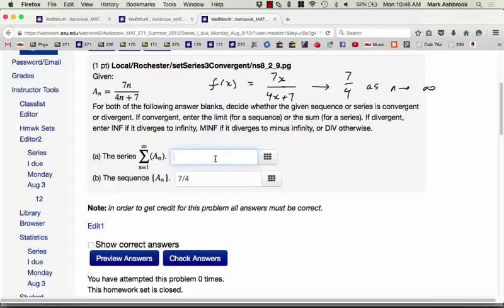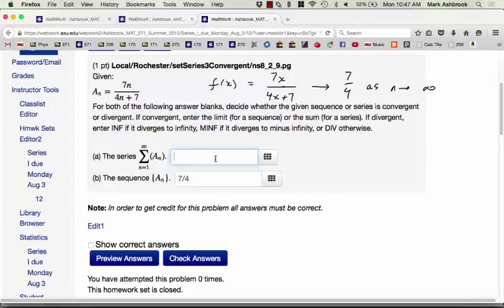The numbers are getting indistinguishably close to 7/4. And when we're adding all the numbers together, in the end, it just keeps adding a number like 7/4 forever, right?